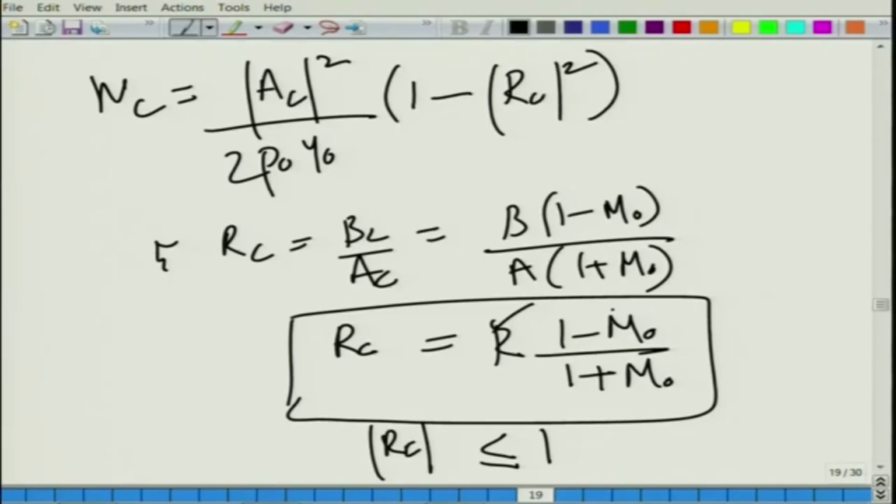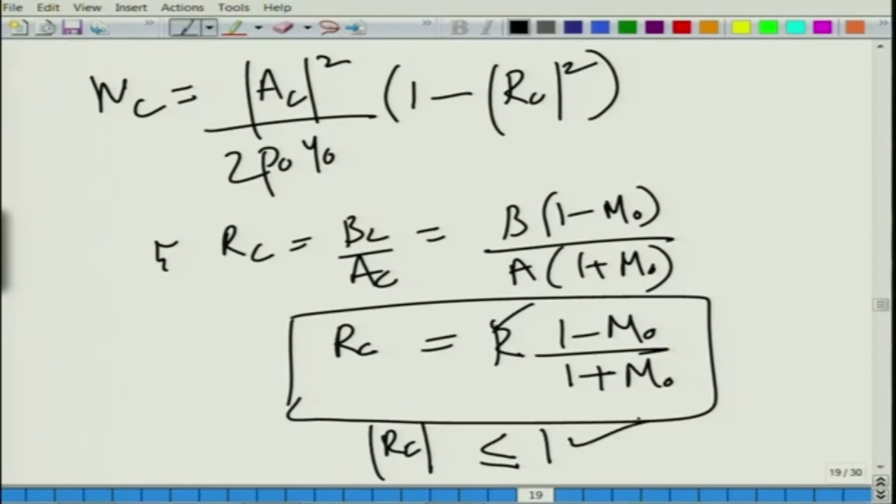We can put m naught at typical values of 0.15 or 0.2, the maximum value that we can get. So, we get basically 0.8 divided by 1.2 or something like that. The point is that Rc will always be less than 1 because m naught is positive. The denominator will always be greater than 1 and the numerator will be less than 1. So, this is just one example.